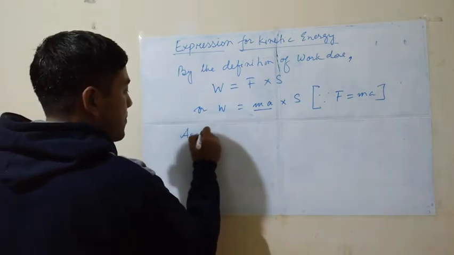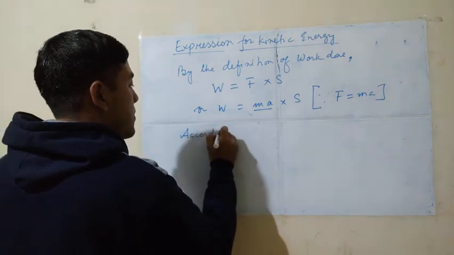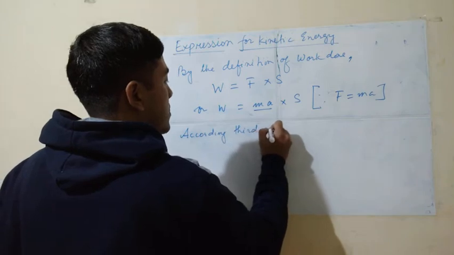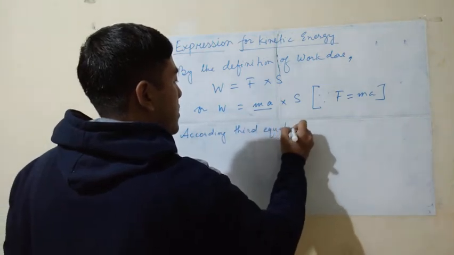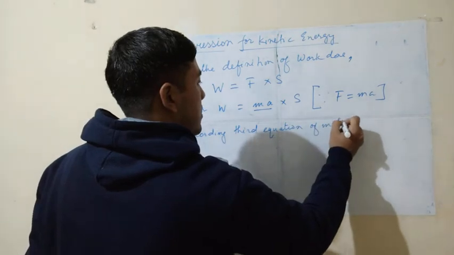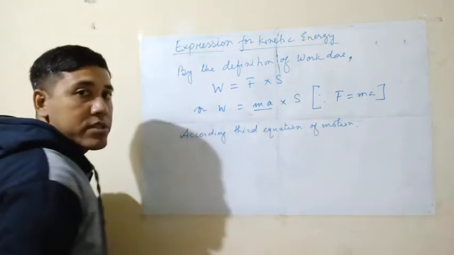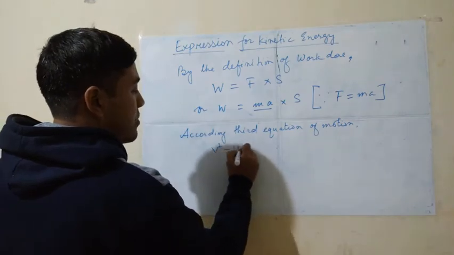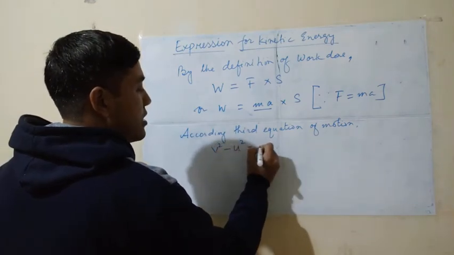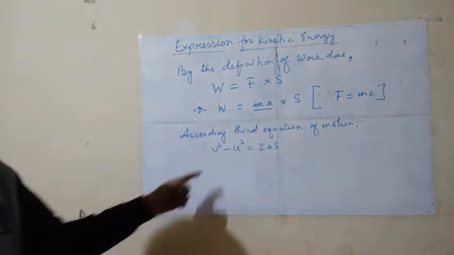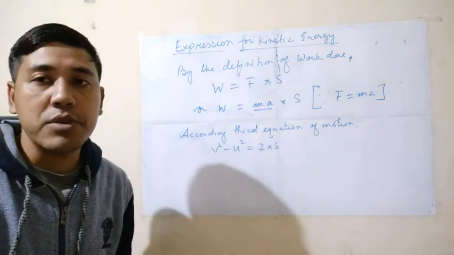Or we can write that according to the third equation of motion. According to the third equation of motion, the square of the final velocity minus the square of the initial velocity is equal to 2 times AS. Right? This one we get from the third equation of motion.